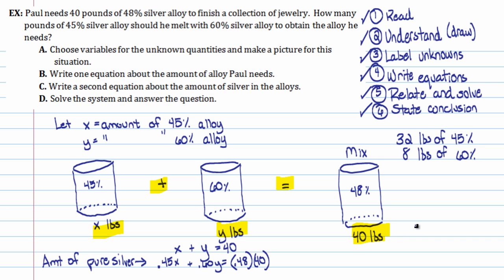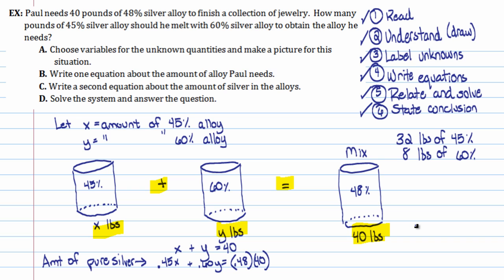Now do a little logic check here. You only want to go up to a 48% mix. Well, most of that is going to be at 45%. You're just going to thicken it up a little bit. You don't need a ton of that 60% mix to thicken that up. So that makes sense that most of it, the bulk of it is a 45% mix.